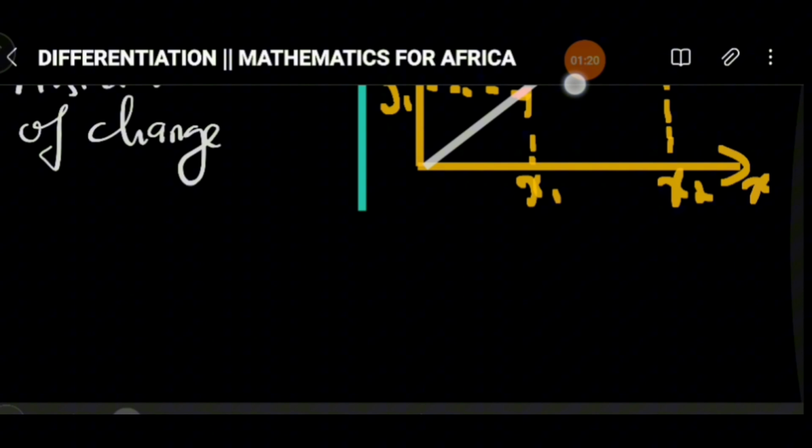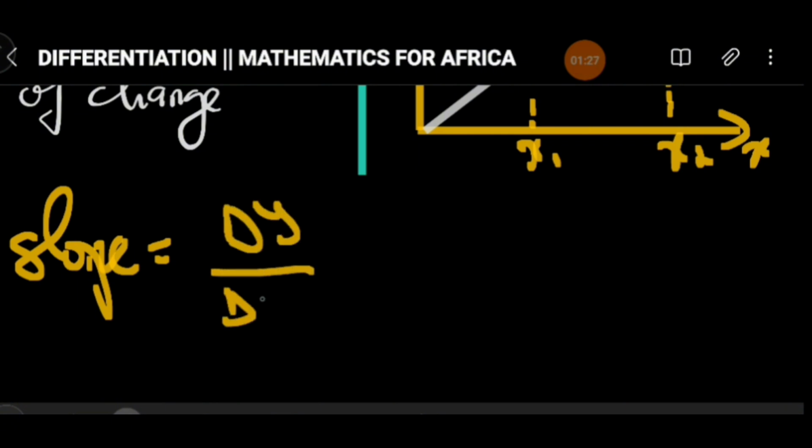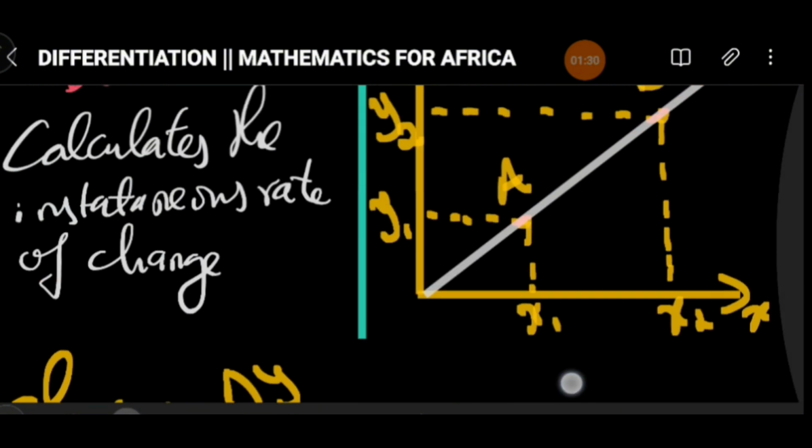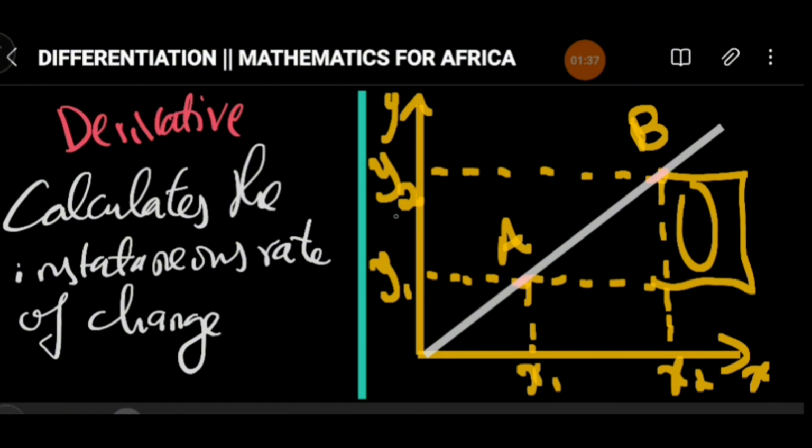Now to calculate our slope, it is equal to the change on the vertical axis over the change on the horizontal axis. The change on the vertical axis is simply the distance between y2 and y1, and the distance between x2 and x1 is the change on the horizontal axis.